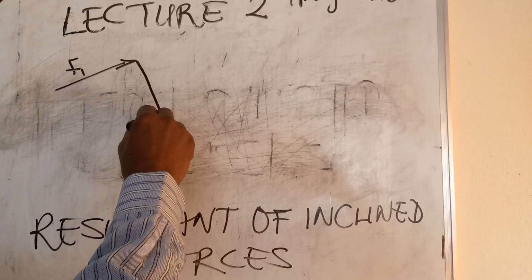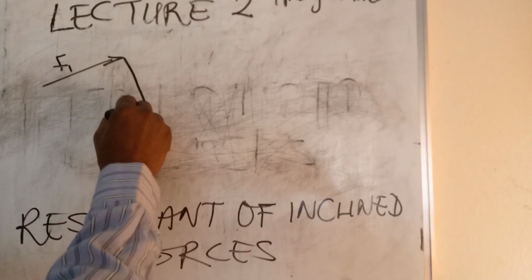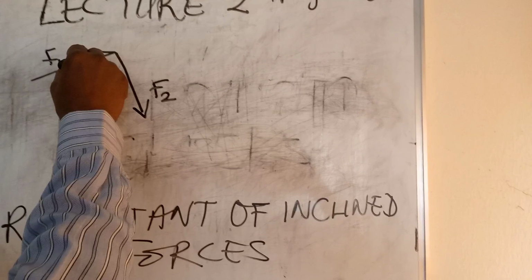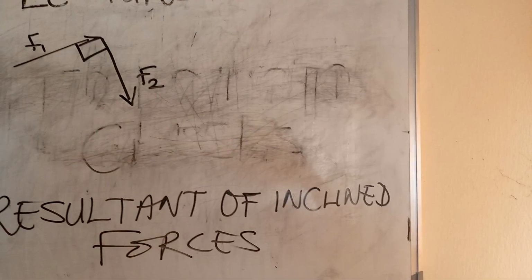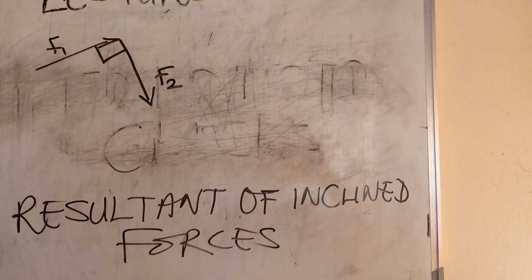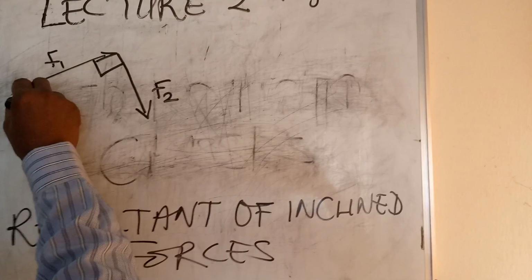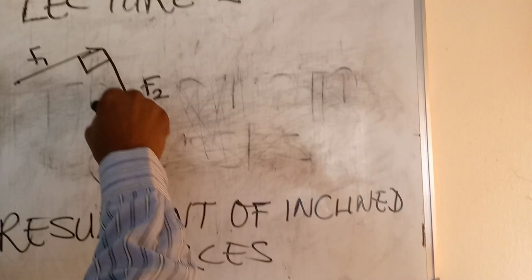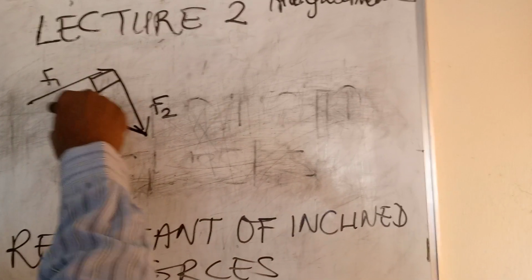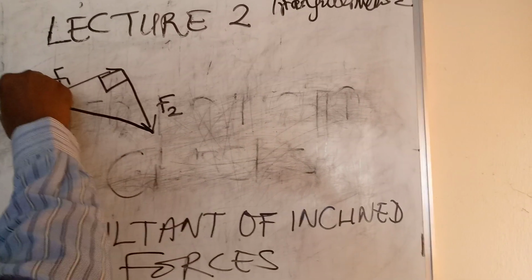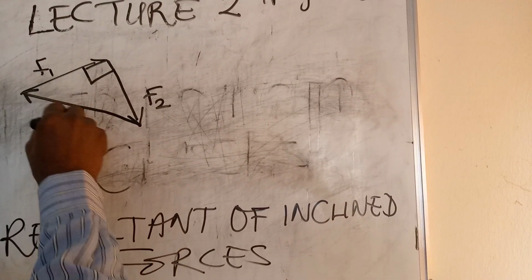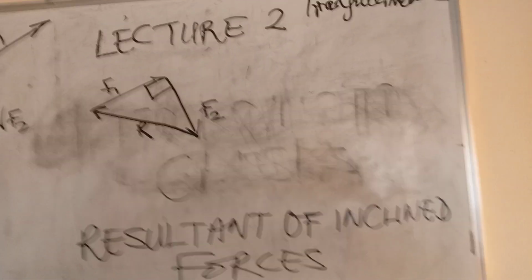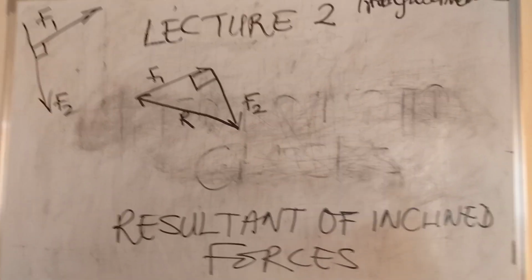That is, it will be parallel to the original force 2. That will make the angle between them 90 degrees. And if the angle between them is 90 degrees, we now move from force 2 back to force 1 to make a closure. That force that brings about the closure is the resultant by the triangular method.